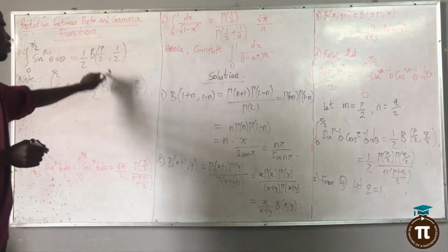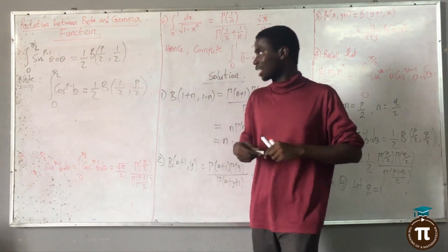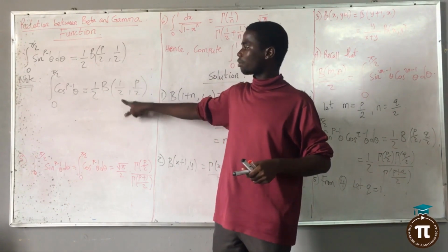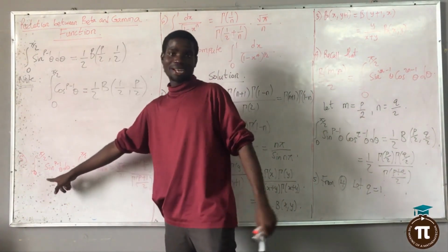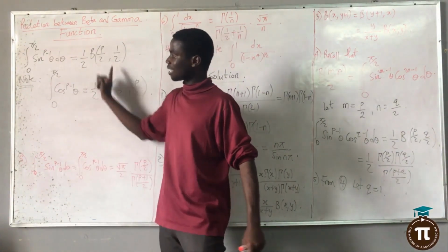This one and this one are the same because the beta function is symmetric. That is, beta of p over 2 comma 1 over 2 is equal to beta of 1 over 2 comma p over 2. That is why they equated sine p minus 1 theta and cos p minus 1 theta, because they are the same.